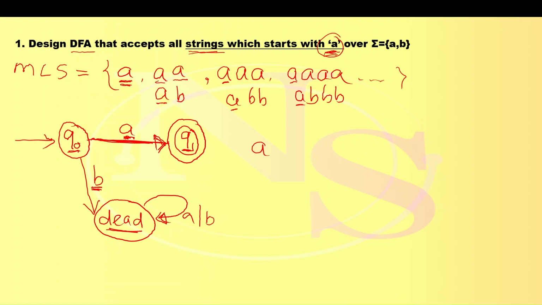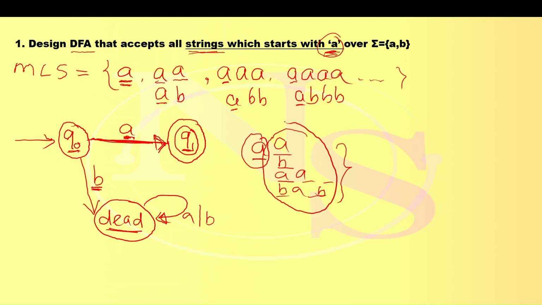As our condition is that the string should start with A, the string is starting with A. After this A, if any symbol is coming, maybe once, twice or thrice, it may be A, it may be B, or it may be multiple symbols, any kind of symbols, that doesn't matter. These are all valid strings because they start with A. All these symbols may come or may not come. May come means it may come multiple times, and may not come means zero times. Our condition is that it should start with A.